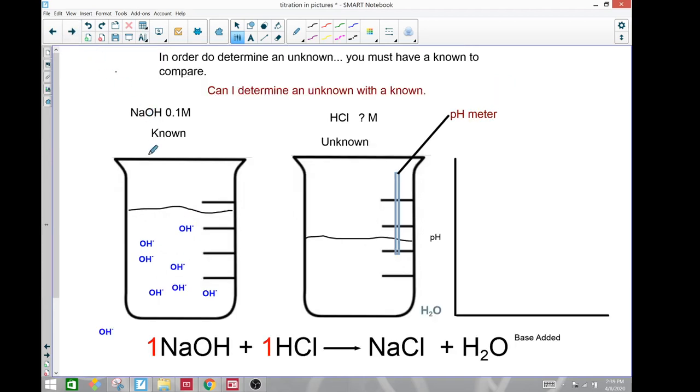So for example here, I have a solution that is considered acidic, and therefore we'll put ourselves a little point right here, as far as being acidic.